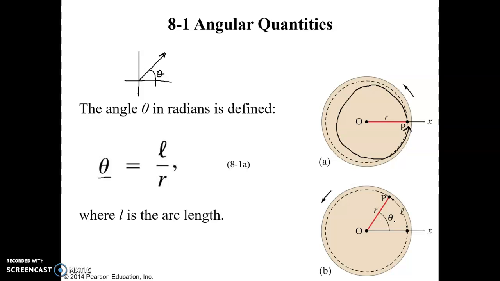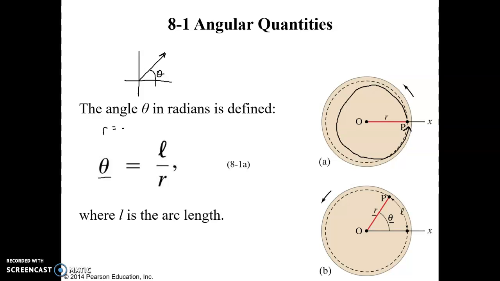And there's a relationship between theta, the angle, and r, the radius, and this L, arc length. And that relationship is that theta is equal to the arc length divided by the radius. So theta equals L over R, and we can rearrange this equation a couple different ways.